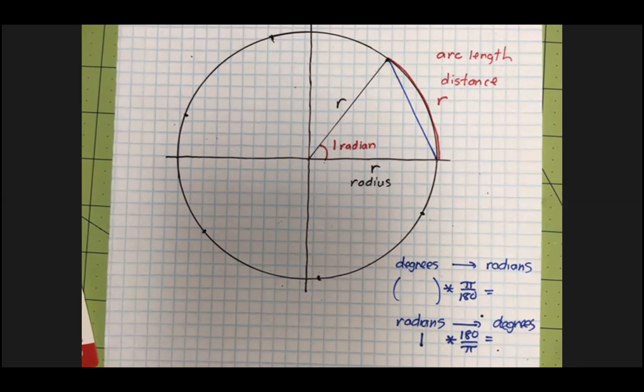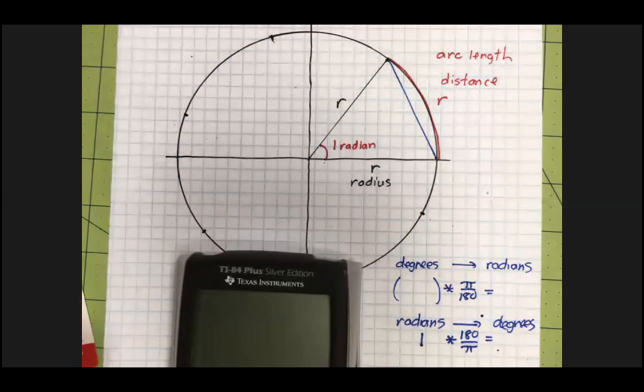Pull out one of the calculators here and say, well, really, 1 times 180 over pi is just 180 divided by pi. Pi is a little bit more than 3. 180 divided by 3 would be 60. That's if all 3 sides were equal. So divide by a little bit more than 3 should be a little bit less than 60.